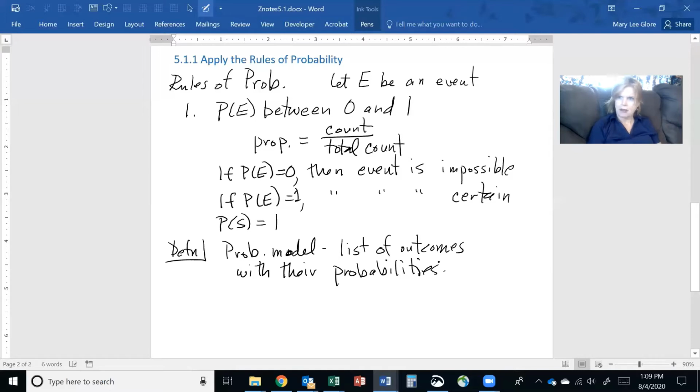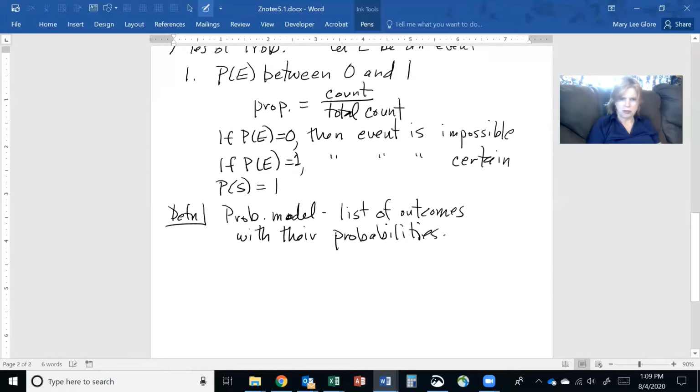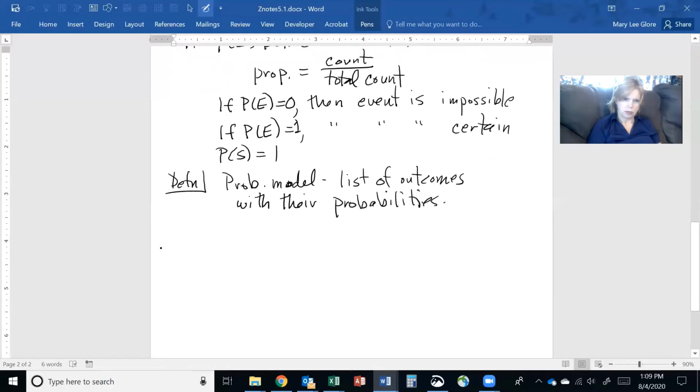All right. Let's do a little bit more complicated model than we've looked at before. Let's say, for an example, we roll 2 dice and we look at the sum of those dice, just like we were playing a game.